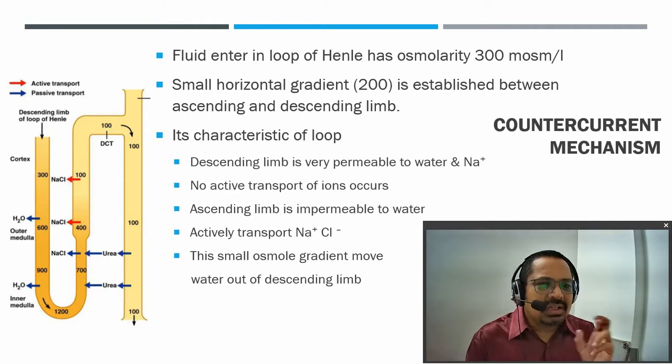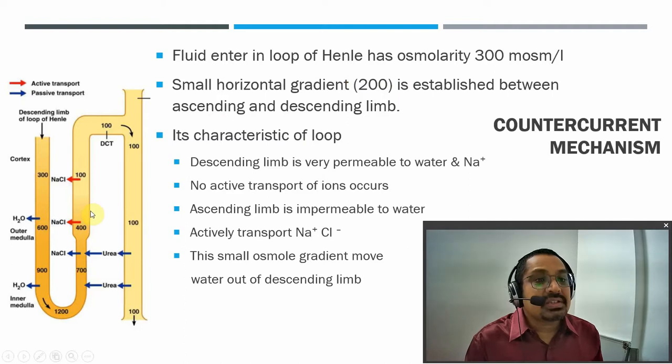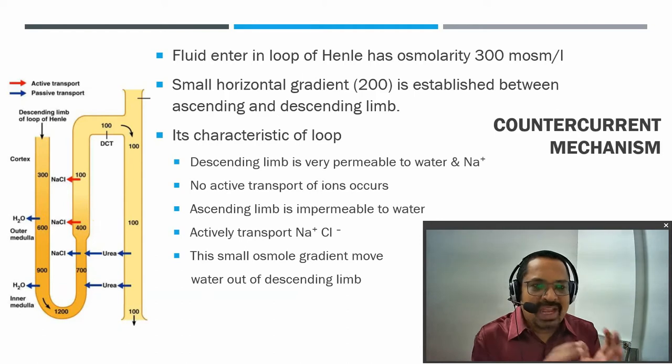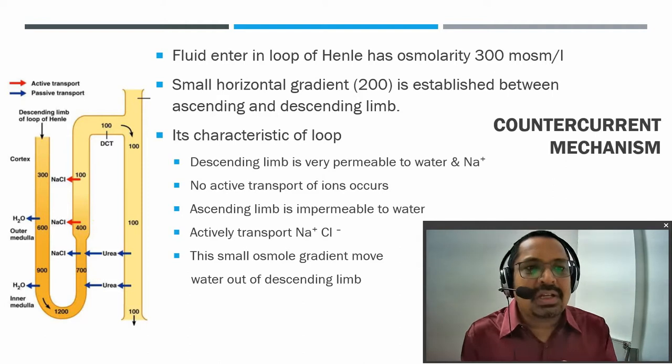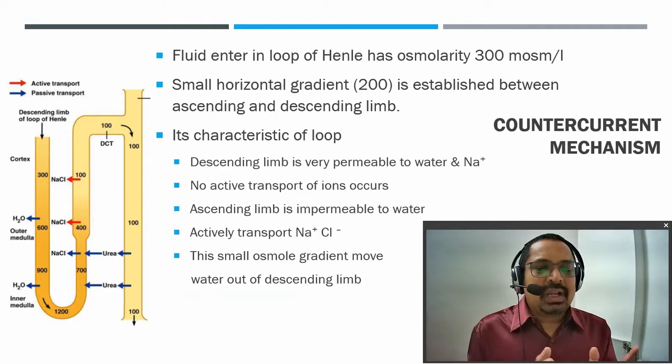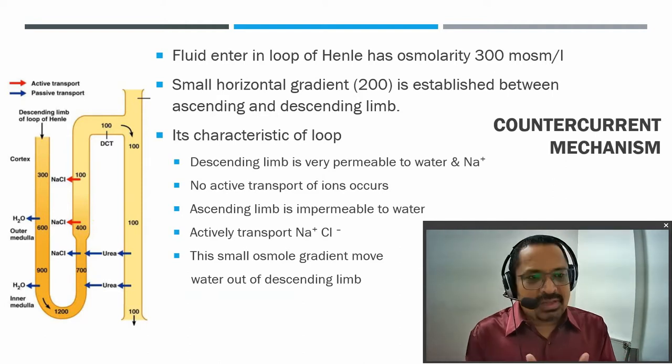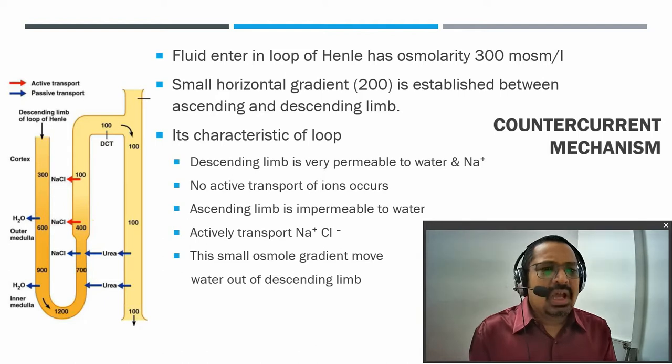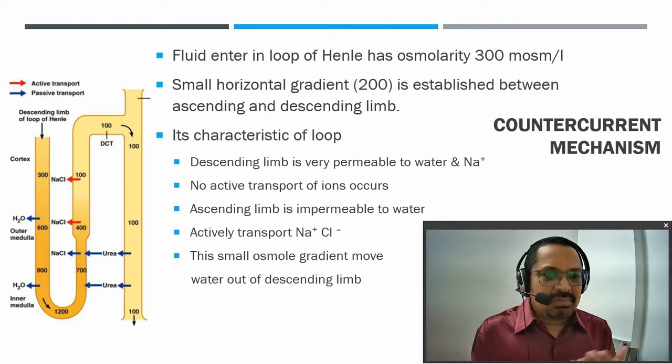So a gradient of around 200 is established between the ascending limb and the descending limb, and this creates a typical osmotic pressure in the loop of Henle, which is responsible for most of the actions there. This difference in osmolarity is responsible for water and electrolyte reabsorption: electrolytes mainly by active transport, and water by this difference in osmolarity.